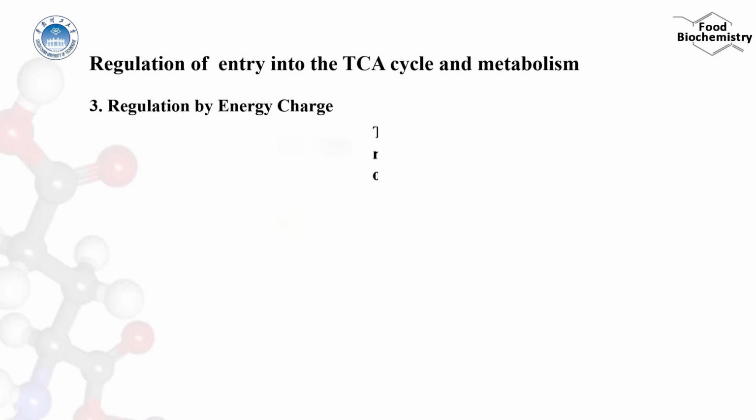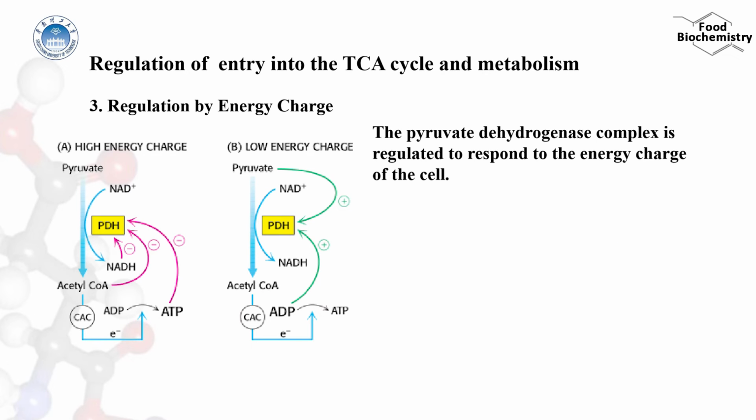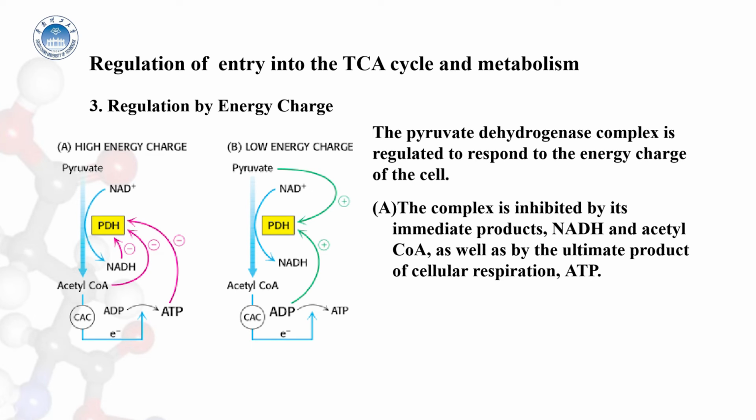The pyruvate dehydrogenase complex is regulated to respond to the energy charge of the cell. It shows here that the complex is inhibited by its immediate products, NADH and acetyl-CoA, as well as by the ultimate product of cellular respiration, ATP.